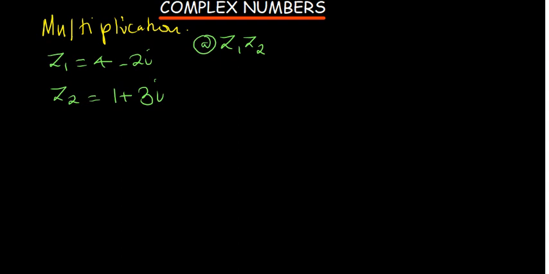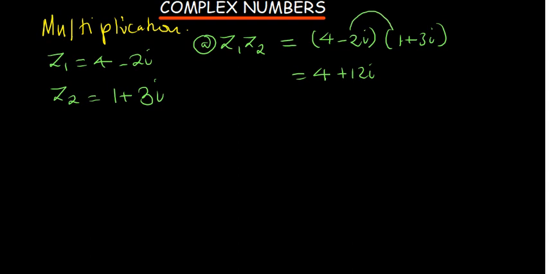So z1 times z2, we are going to get z1, which is 4 minus 2i, and then z2, which is 1 plus 3i. So continue multiplying. 4 multiplied with the 1 there is going to give us a 4. 4 multiplied with the 3i is going to give us 12i. Negative 2i multiplied with the 1 is negative 2i. Negative 2i multiplied with the 3i is going to be negative 6i squared.